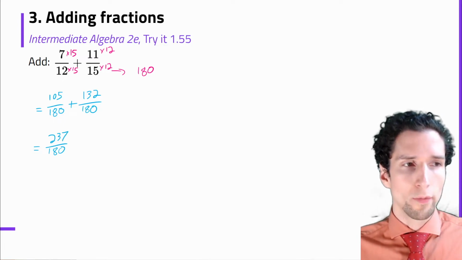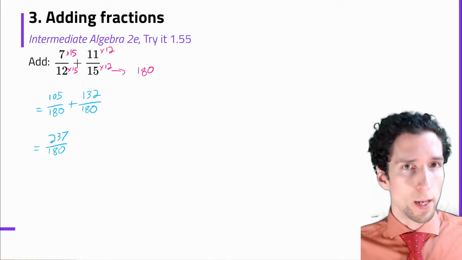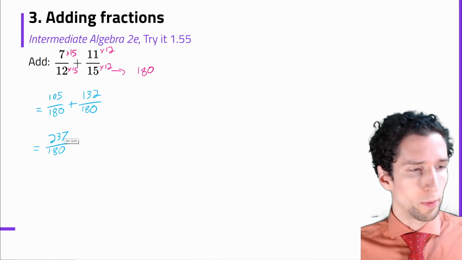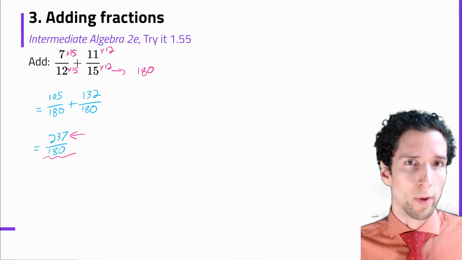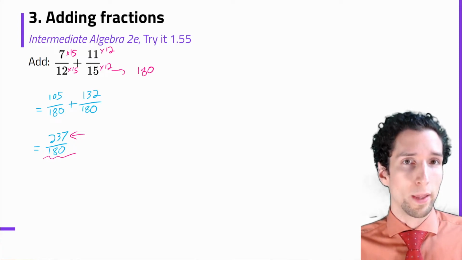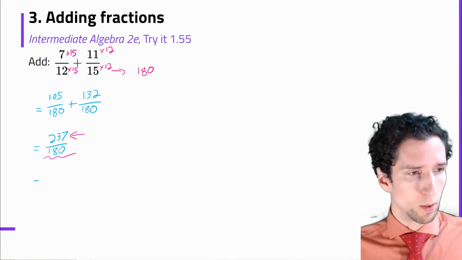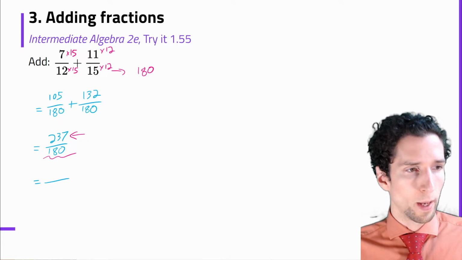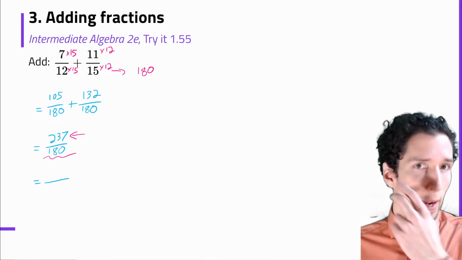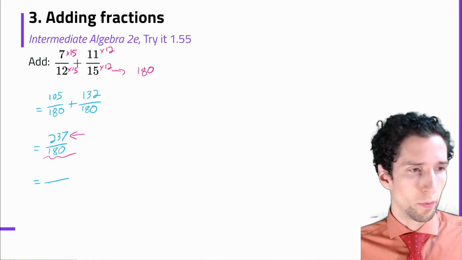So we did not find the lowest common multiple between 12 and 15 necessarily. So it's possible that we can simplify this, and in this case, actually we can. We can recognize that 237 is divisible by 3. So we divide the top and bottom by 3, taking out a common factor of 3.